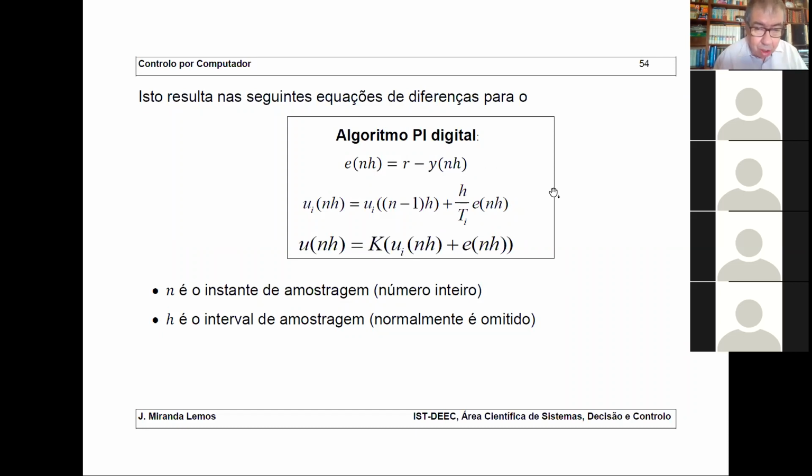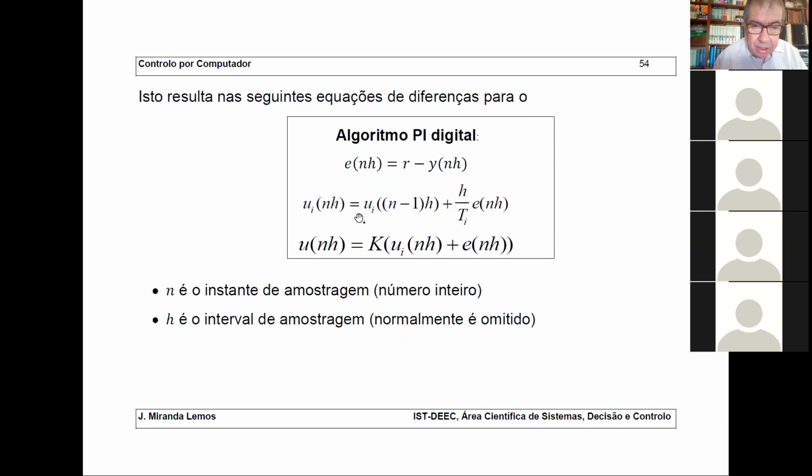Perhaps more important than that is that this gives you the idea of what a very simple computer control algorithm is. We have seen last week a very simple algorithm which was just compute the error and multiply by a constant. Now you are seeing something that depends on the past values of the excitation to the system.